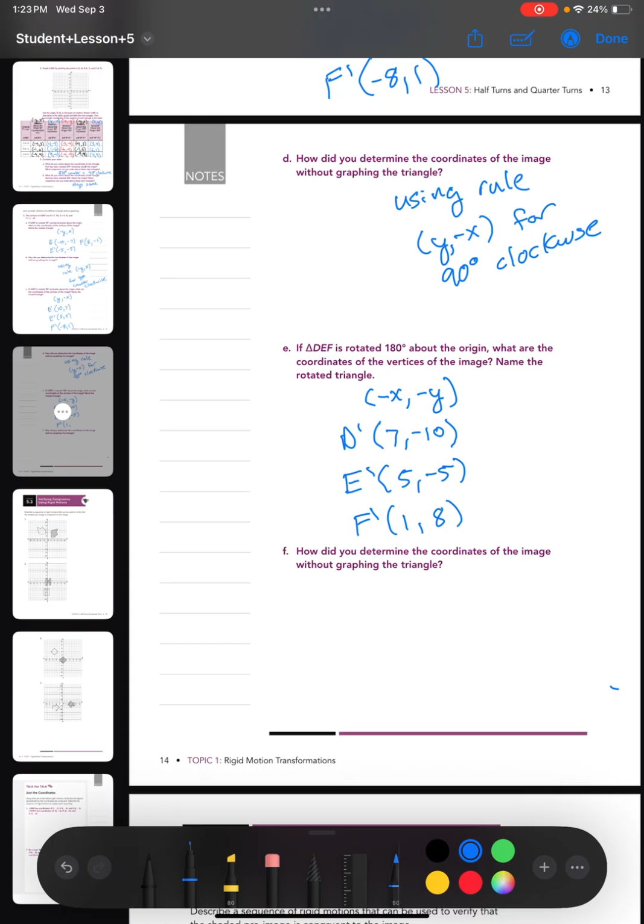So how did we determine the coordinates of the image without graphing? Again, using our rule, negative x, negative y, for 180 degree rotation.